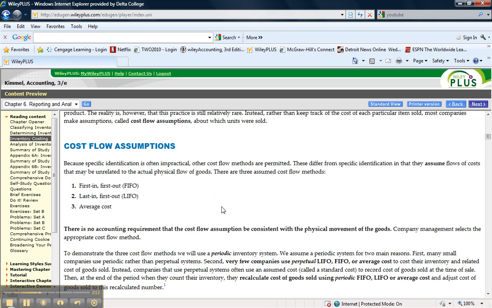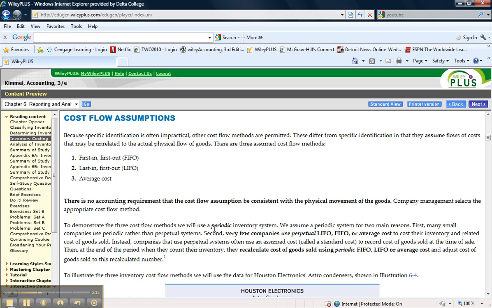And as I said before, this chapter largely deals with the periodic inventory system, and so we're going to be calculating our inventory cost using FIFO, LIFO, and average cost, with the assumption that the periodic system is what's being used by companies.